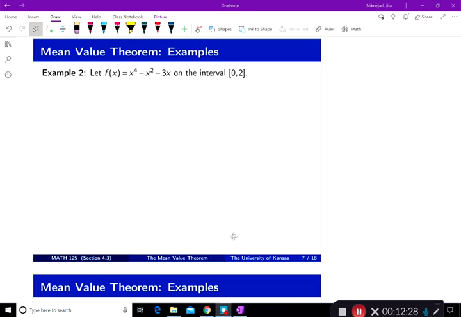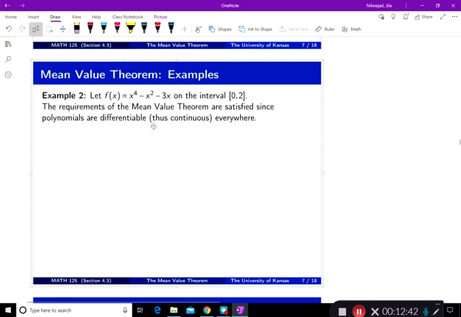Now look at this problem. If I'm looking at this problem, it again satisfies the mean value theorem. And so I want to know if over here I can find this C also or not. So again, polynomial, continuous, differentiable.